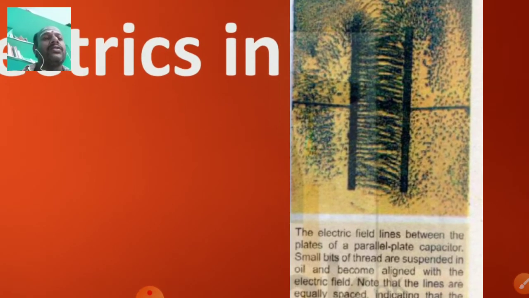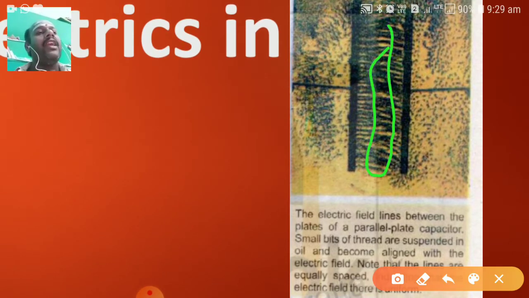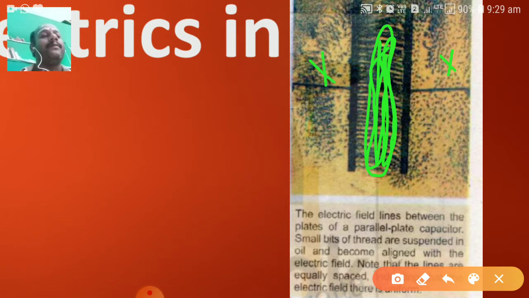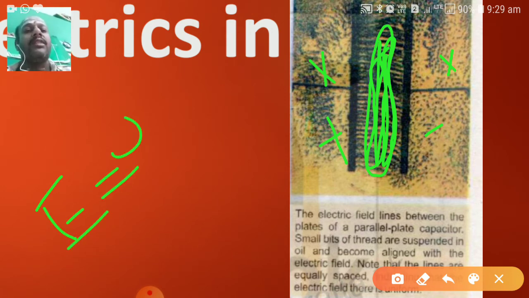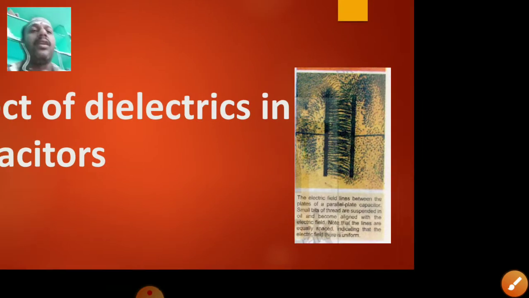We can find the arrangement of filings in between the plates, not outside the plates. This indicates the electric field is generated in between the plates, when one is positive and the other negative, where E is equal to sigma by epsilon naught. And what is sigma? Sigma is the surface charge density.